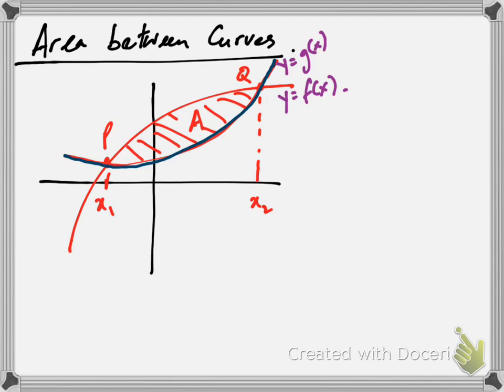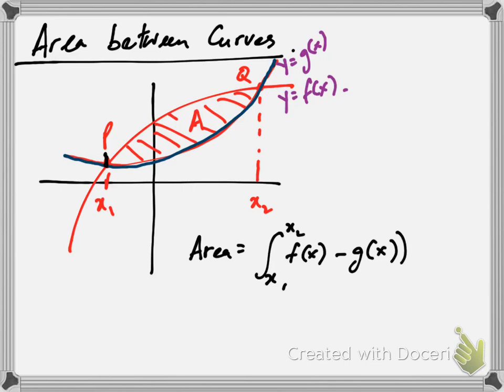all we do is we find the points of intersect, in this instance x1 and x2, and so the area between them is always the integral from x1 to x2 of f of x minus g of x dx.